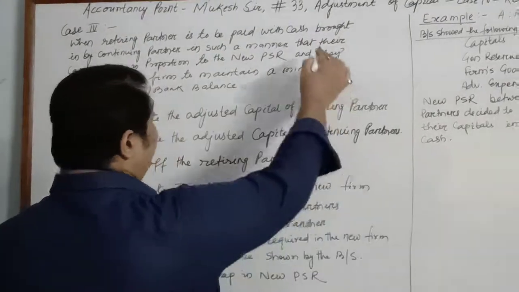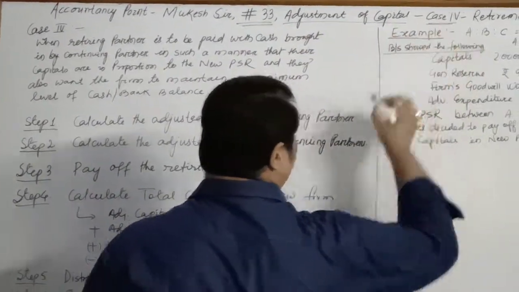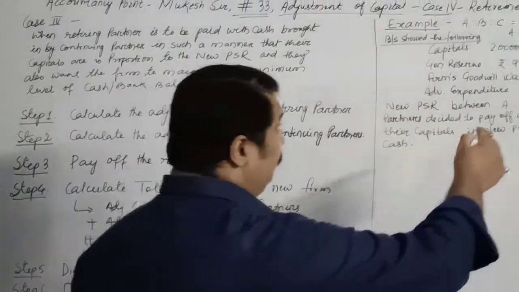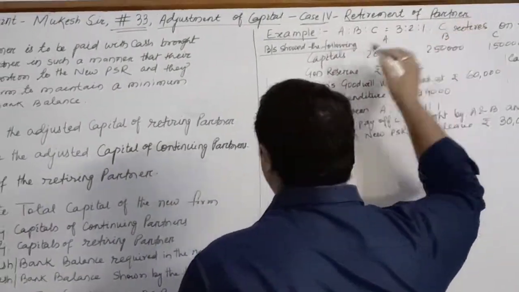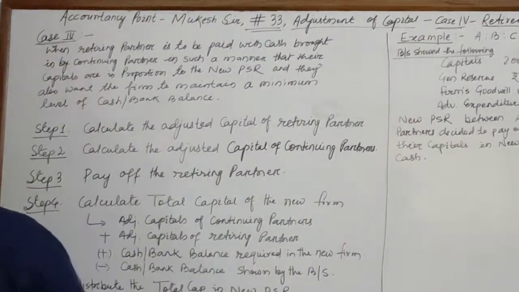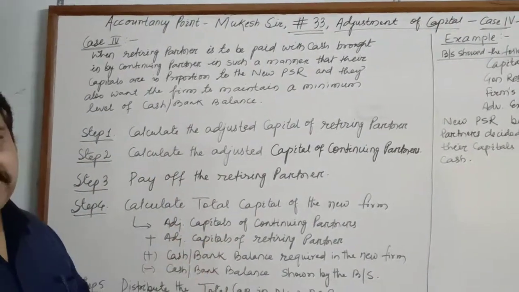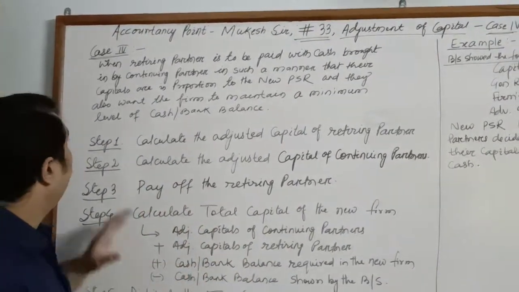This is my video number 33 and it is related to adjustment of capital case 4, retirement of partner. So over here, children, this is case 4 which I have taken, the last concept of this adjustment of capital as well as the last concept of the chapter.